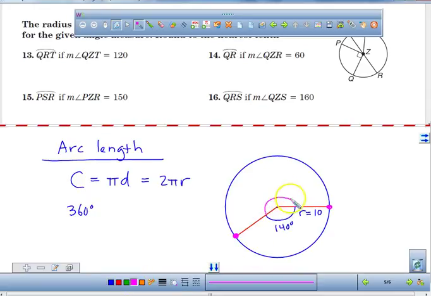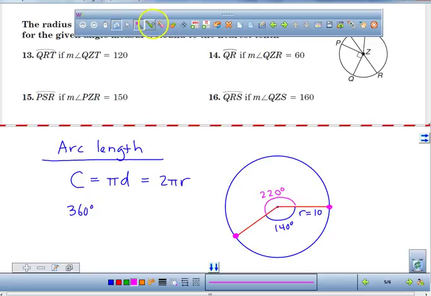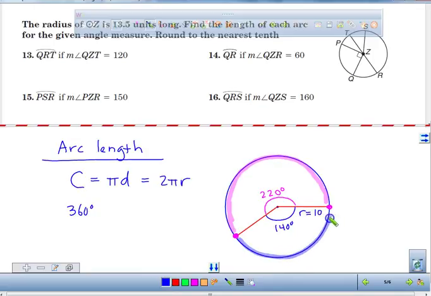What would the measure of this part be? 220. Now, what I'm saying is this. The measure of this arc going all the way around is how many degrees? 220. What's the measure of this arc right here? 140.